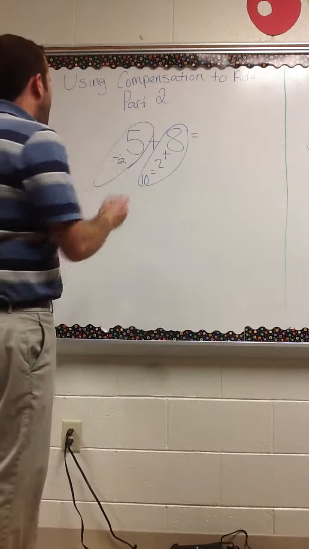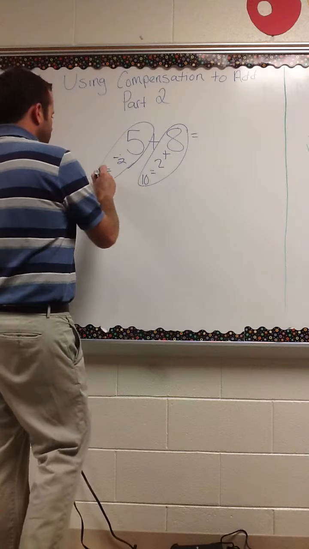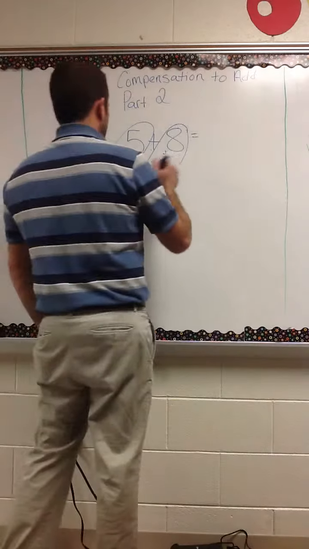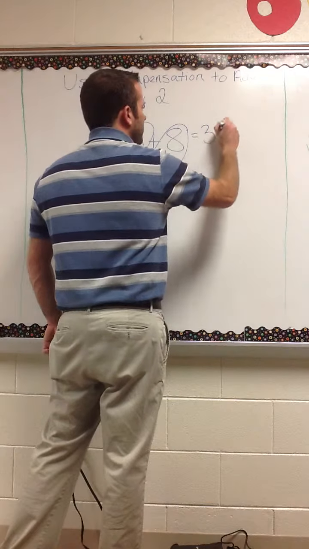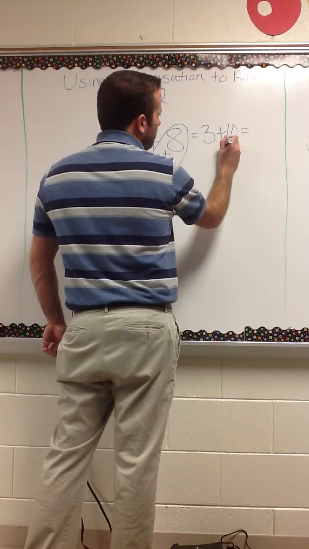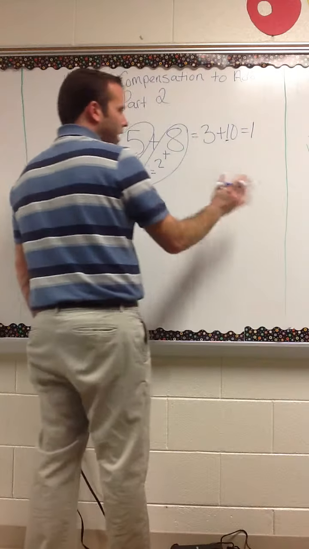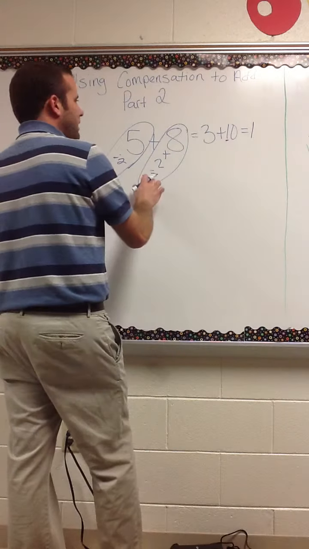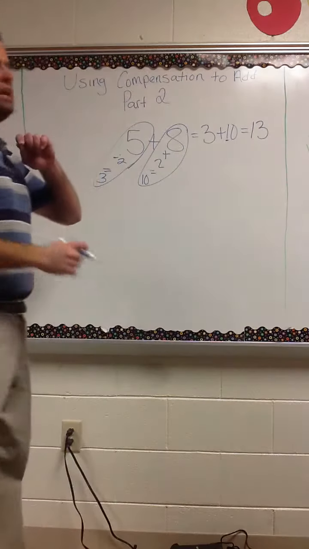So 5 minus 2, and I know this probably looks kind of funky, is equal to 3. So my problem of 5 plus 8 turns into 3 plus 10. My one group of 10 is not affected, so it remains the same. I still have that same group of 10 that I made, plus 3 additional ones. 5 plus 8 is 13.